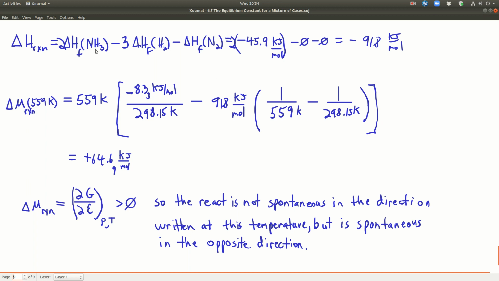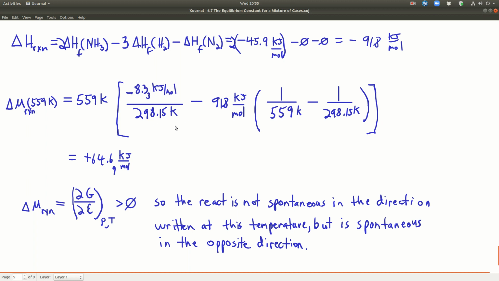The heat of formation of ammonia ends up as negative 45.9 kilojoules per mole. These are just elements in their elemental form, so delta H of formation of both of these is 0. It makes it easy. We have to multiply by the coefficients, so 2 here. 2 times negative 45.9 gives us negative 91.8. Plugging into that equation, remember this number right here, where it came from is we calculated this in that last example in the last section.